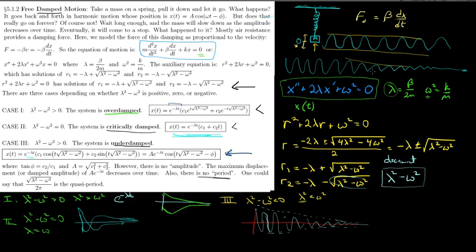If that changes over time, we don't call it amplitude anymore. You can say quasi-amplitude or damped amplitude, but I'll just use the term maximum displacement from equilibrium. So I hope that helps illustrate the 3 different cases you get for free damped motion.